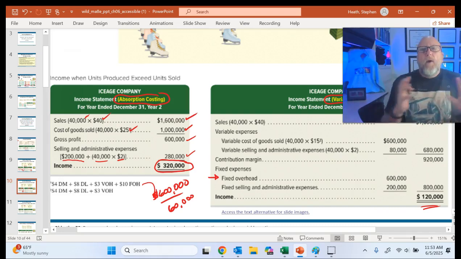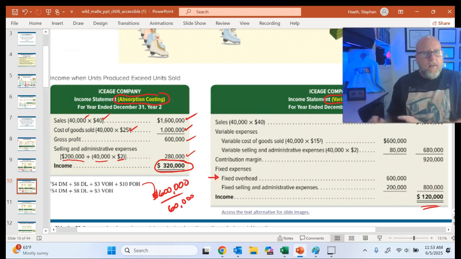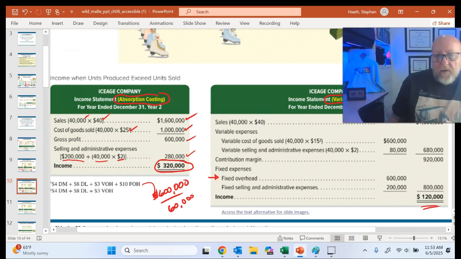While using absorption costing, we only recognize the portion of fixed manufacturing that we sold because it's a product cost. So if I didn't sell something, it's sitting in finished goods. However, under variable costing, we're just going to treat all of the fixed costs as period costs.